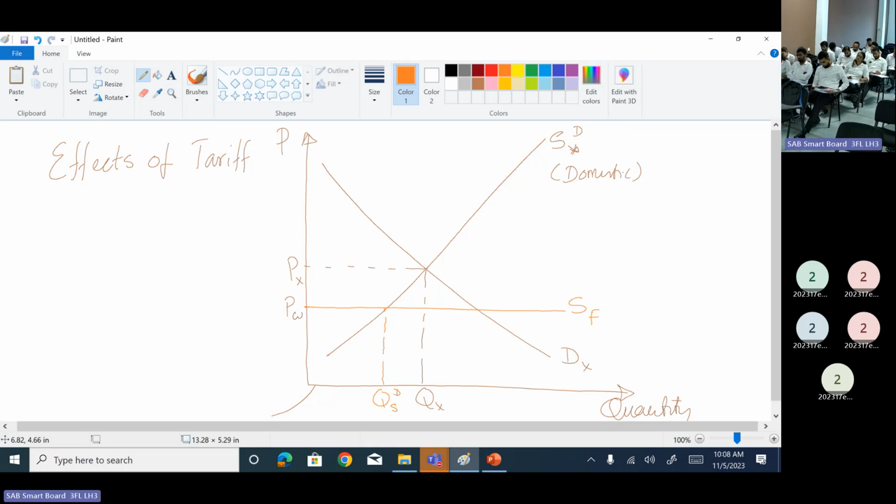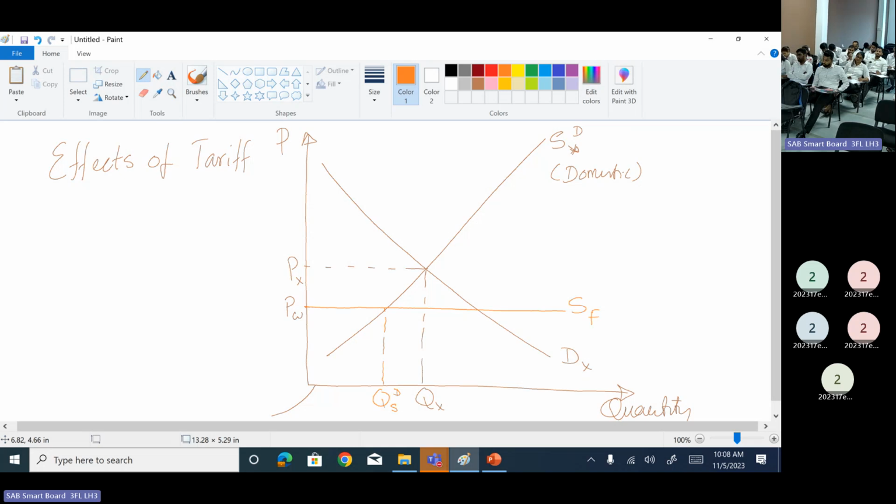You touch the supply curve and see the quantity that domestic producers are willing to supply at the PW price. At the world market price, most domestic suppliers cannot afford it, because the domestic price is PX. At the lower price they are willing to supply only a certain quantity. That will discourage them: earlier they supplied QX, now at a lower price they supply less.